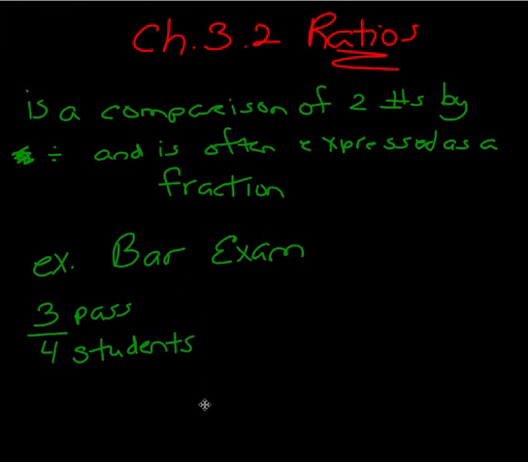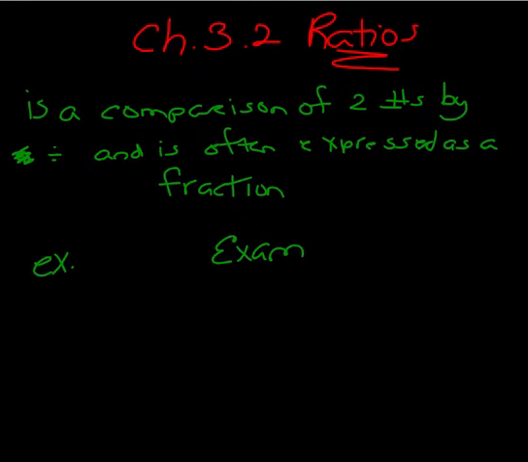So in this case, we're comparing the passing rate of these students. Another example: let's say you're taking that test, and to finish on time you need to answer 4 questions.